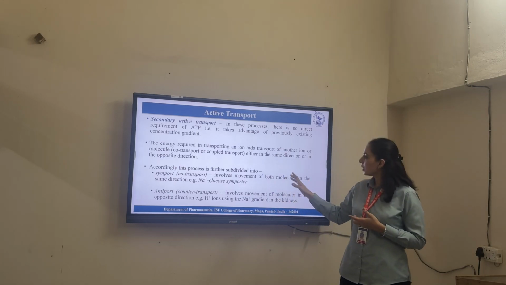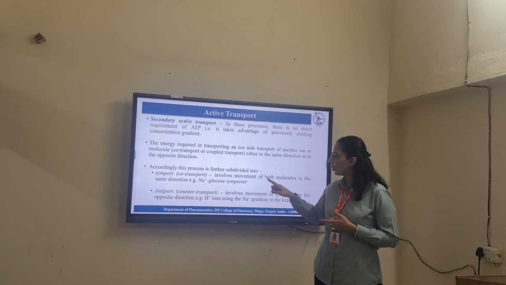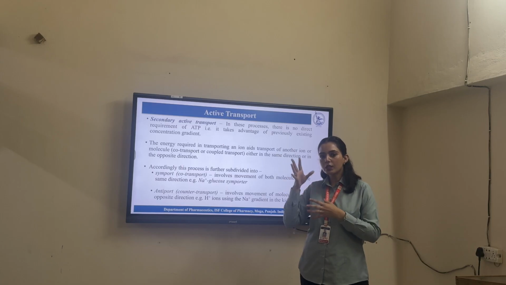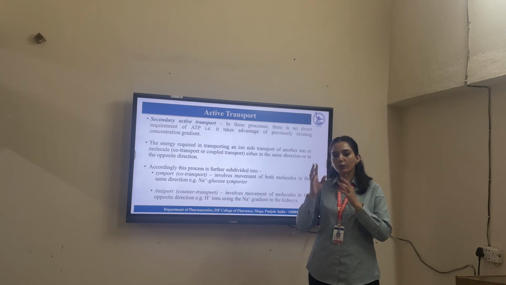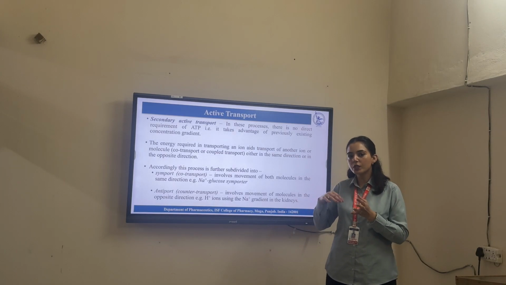According to this, the process is further divided into two categories: symporter and antiporter. In symporter, the movement of the molecules is in the same direction, and antiporter involves the movement of the drug molecule or both molecules in the opposite direction.